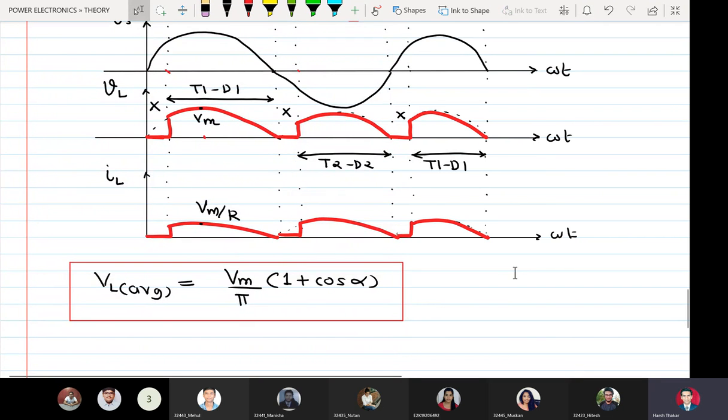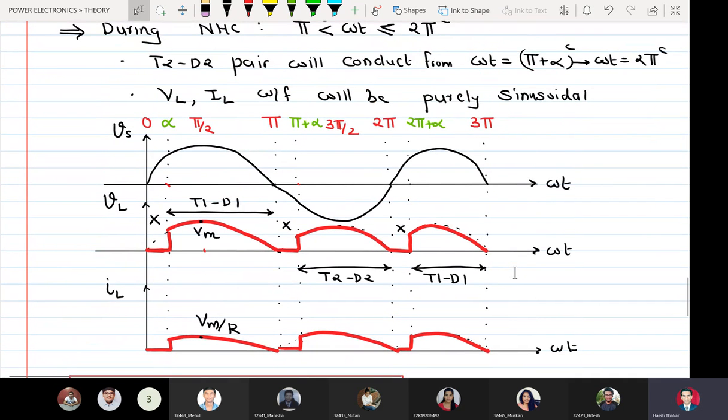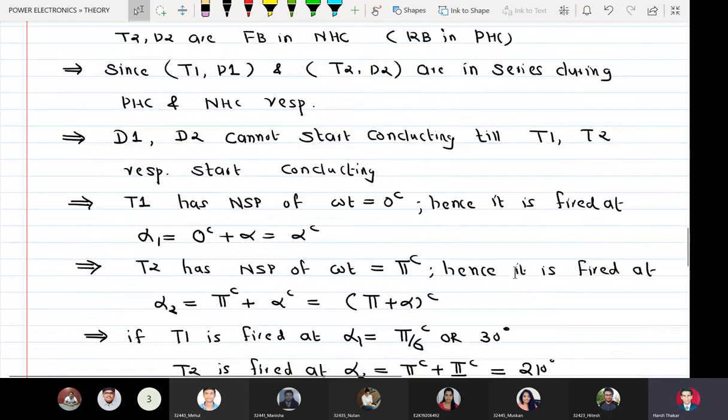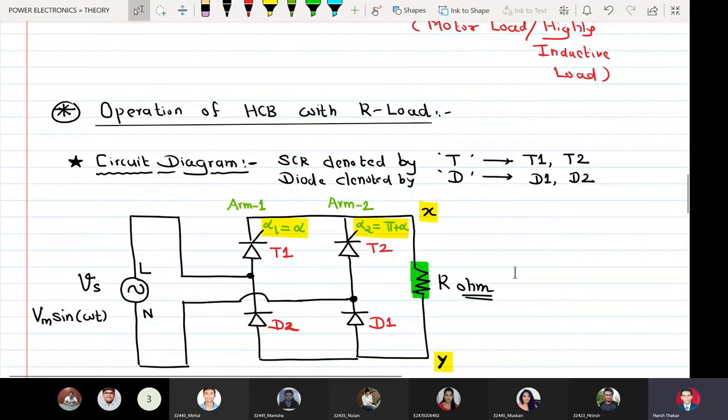So we'll derive it in the next class, but we'll not pay so much attention because it is very easy. What is important is to study the operation of semi-converter with RL loads and with highly inductive loads involving Fourier analysis.